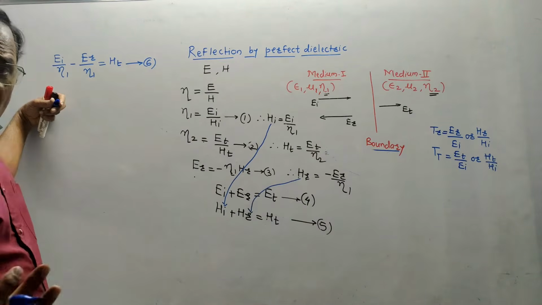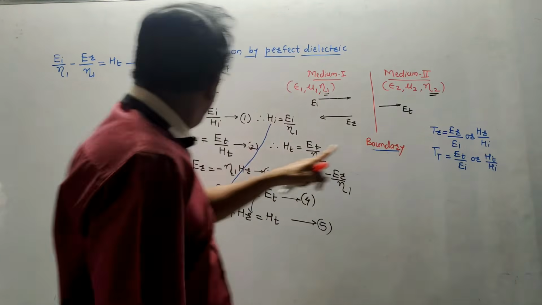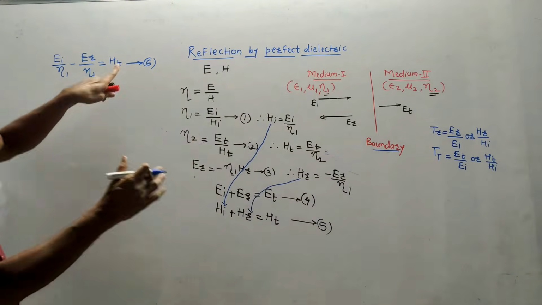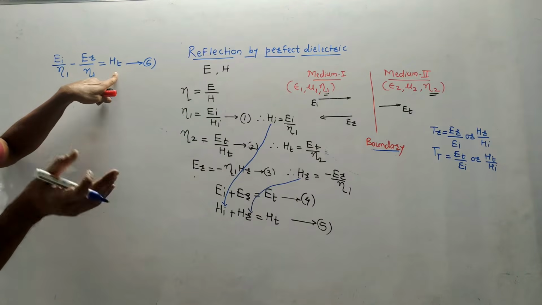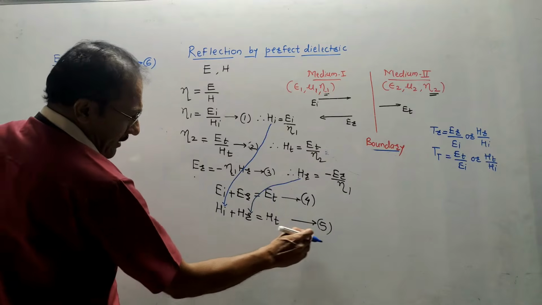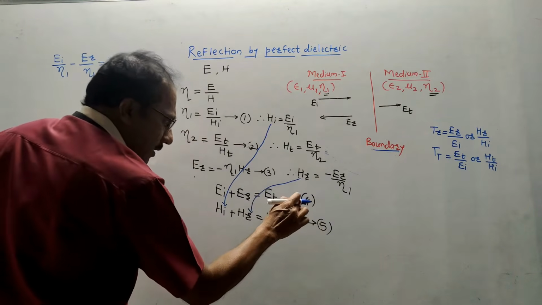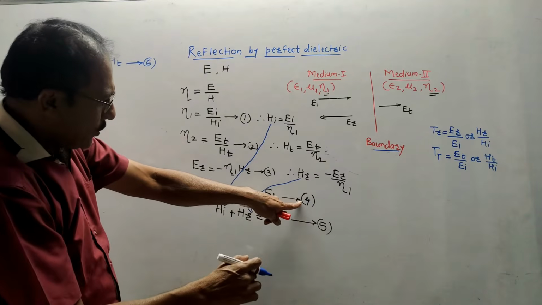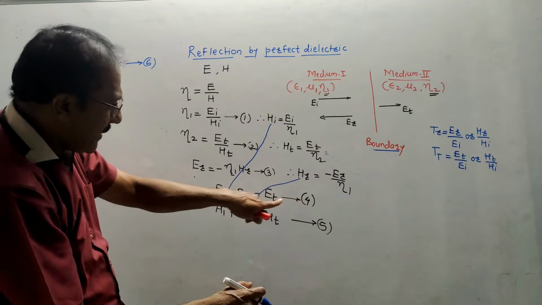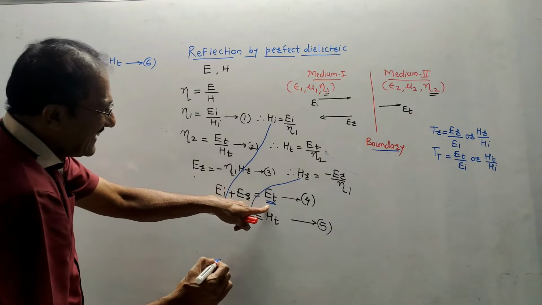What I am trying to do, I want to derive the expression ER upon EI first. So I am eliminating the ET term. This is one equation of HT. I am supposed to do one more equation of HT. How to do it? We have already used equation number 4, equation number 5. Now make use of equation 4 to express the value in terms of HT. But in equation 4, at the RHS, we have the term ET.